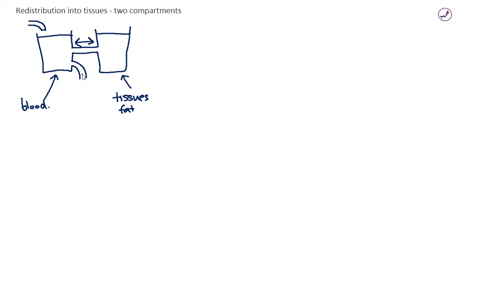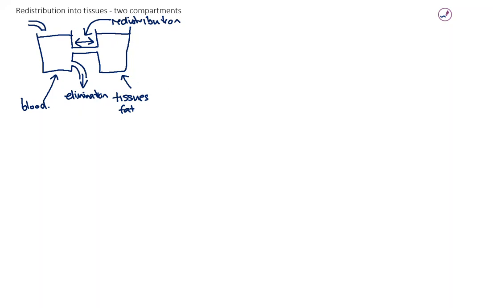However, and this removal from the blood would be the processes of elimination, but the movement of the drug into the tissues represents redistribution. So the redistribution phase is given by that little bridge, the arrow on the bridge connecting the two compartments.